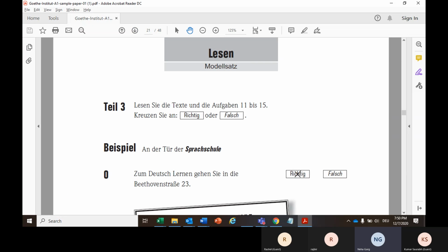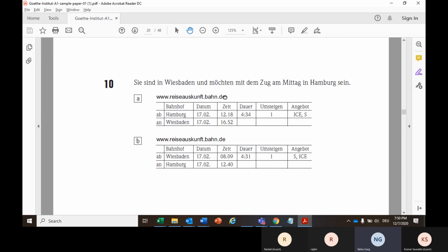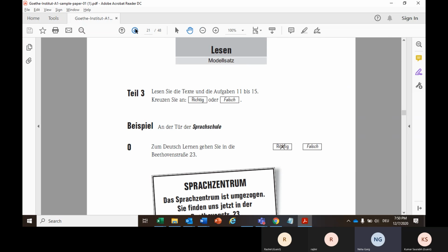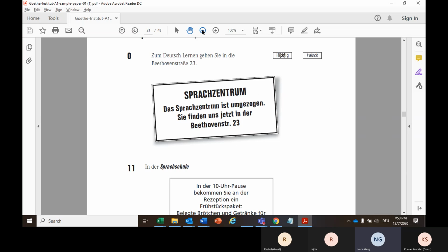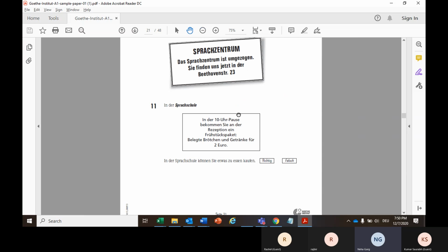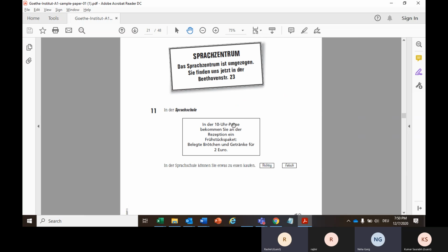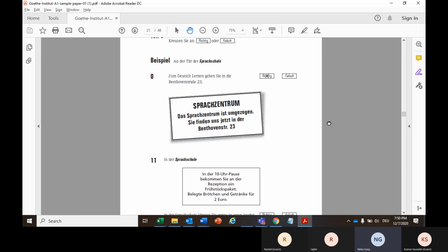That goes the same till question number 10, and then from 11 till 15, again some information is given, you have to read it, and then based on that you have to select richtig oder falsch.